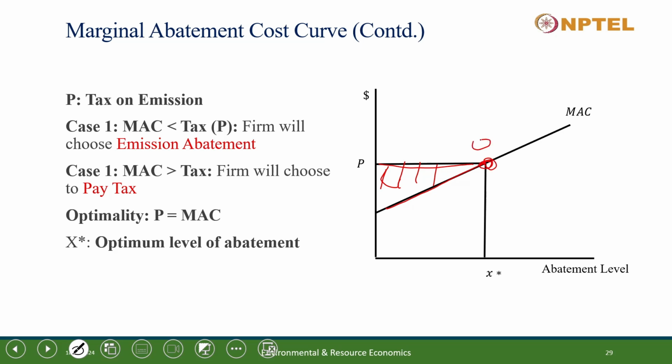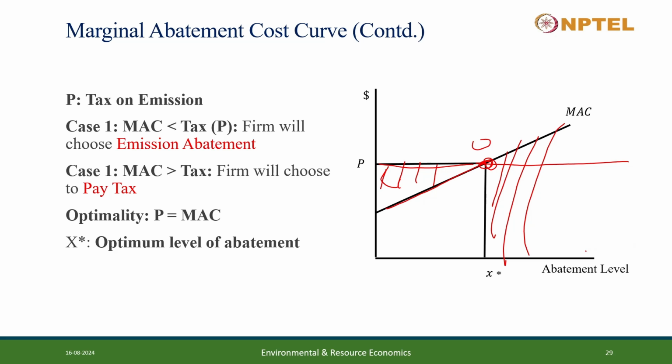After this point, I have to pay this much tax, however my cost is higher. This much is the cost which I'm incurring. So beyond this point, I'll choose to pay tax rather than abate the emissions. This X star will be the optimal level of abatement a firm will do with the given amount of tax P.